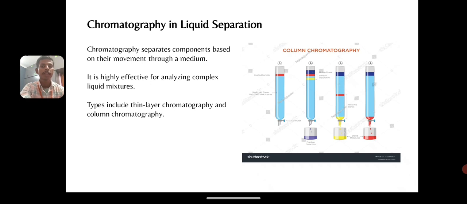Different compounds travel at different speeds, used for complex mixtures, especially for analysis. These types are included: thin layer chromatography and column chromatography. This method is widely used in research labs and industries.